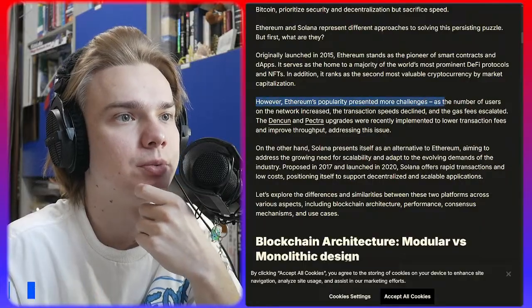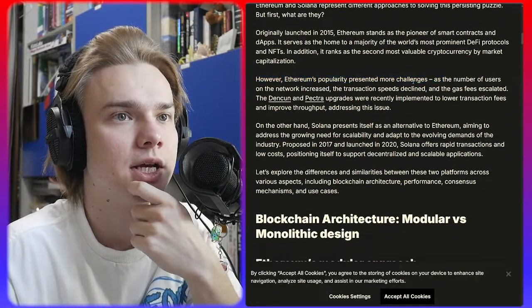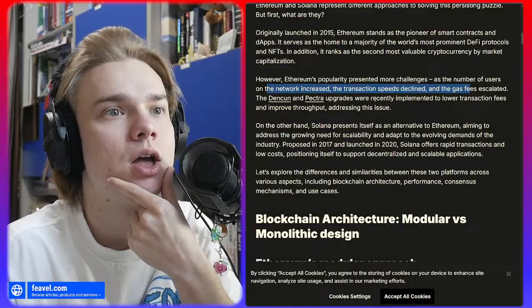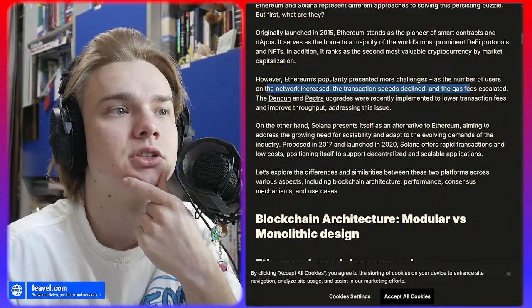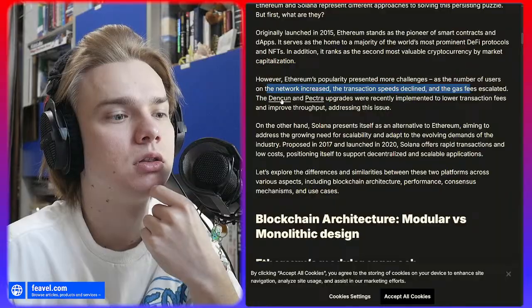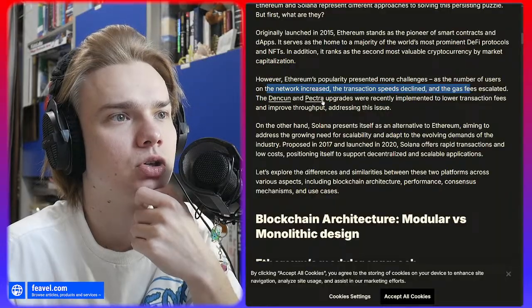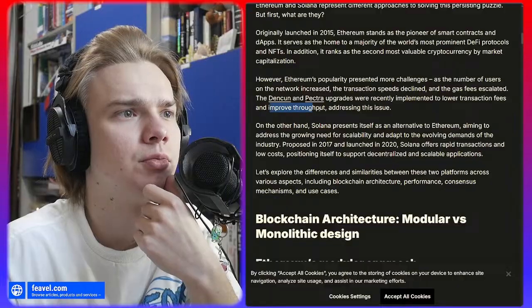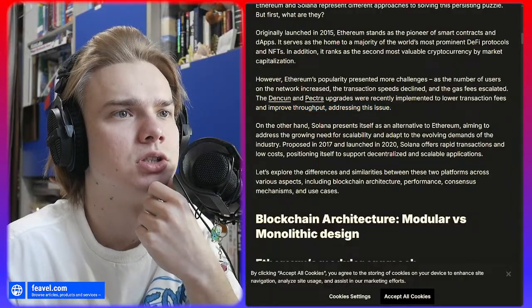However, Ethereum's popularity presents more challenges: as the number of users on the network increased, the transaction speed declined, and the gas fees escalated. The Dencun and Pectra upgrades were recently implemented to lower transaction fees and improve throughput, addressing this issue.